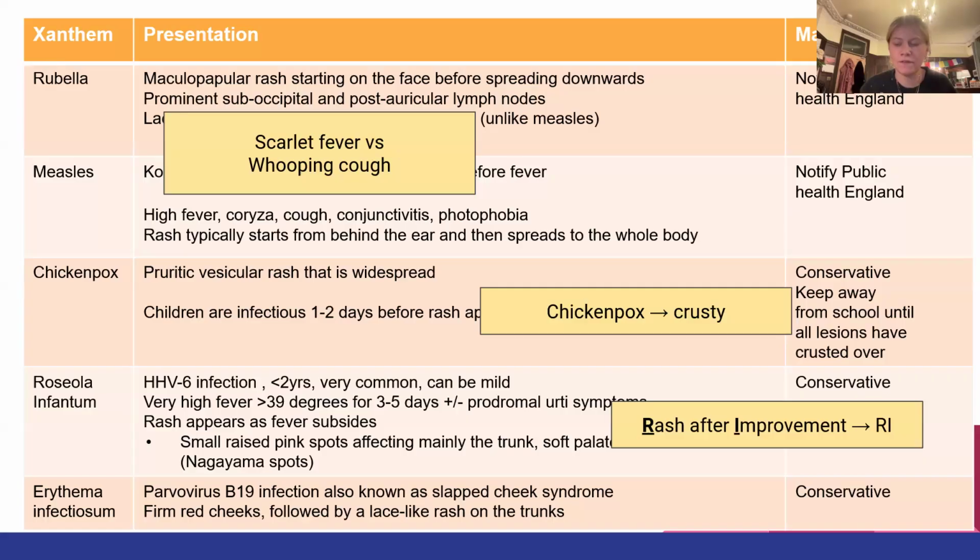And then in terms of the school exclusion criteria for scarlet fever versus whooping cough. Scarlet fever I remember is S, so it comes before W in the alphabet. Children are excluded for 24 hours after commencing antibiotics, whereas whooping cough comes after S in the alphabet, so that's 48 hours after commencing antibiotics.